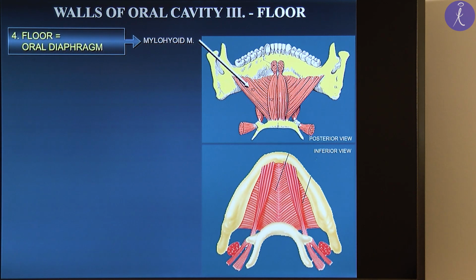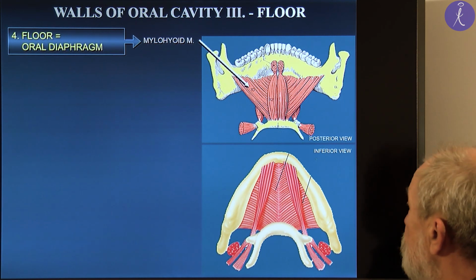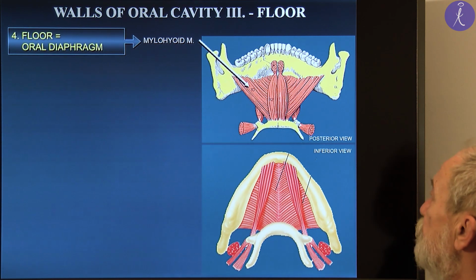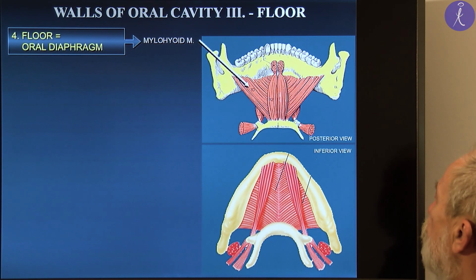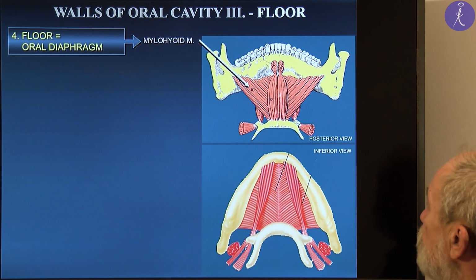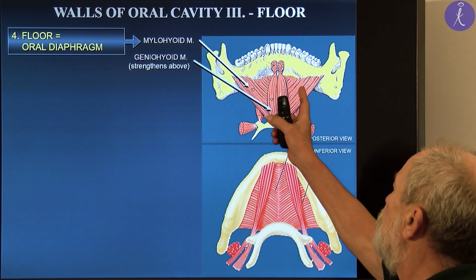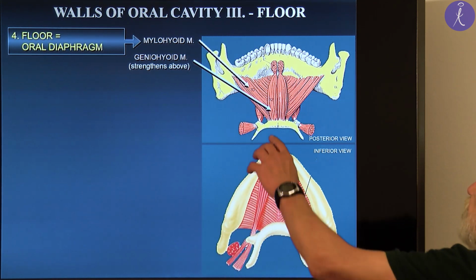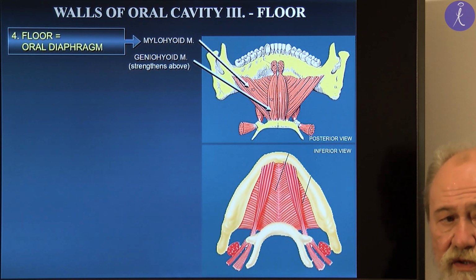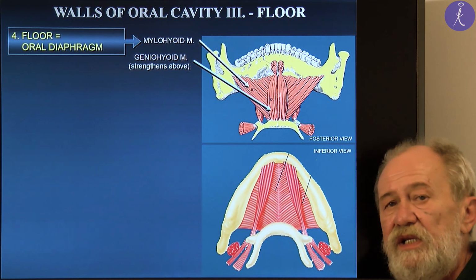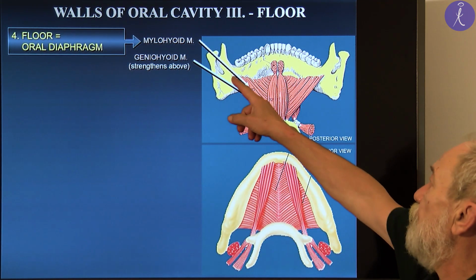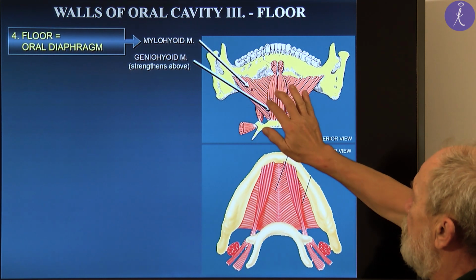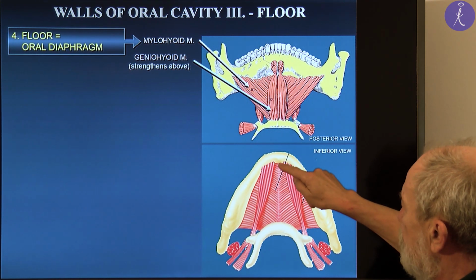The floor of the oral cavity is again muscular, but there are other muscles contributing to it. The proper floor, which is called the oral diaphragm, is formed by the two mylohyoid muscles. These mylohyoid muscles originate from the mylohyoid line of the mandible, well known by you, and those lying closer to the midline unite with each other in a midline raphe.